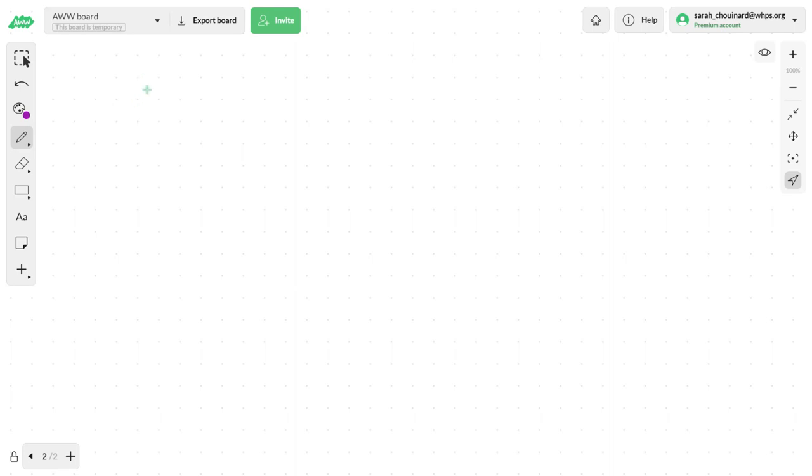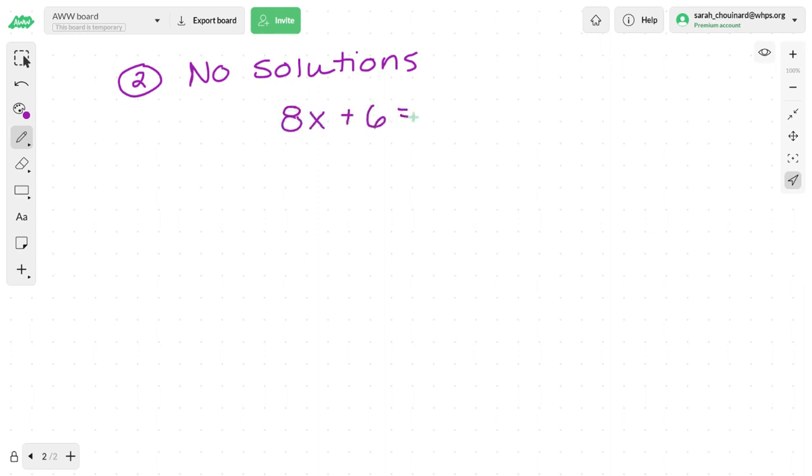One of the new options is that an equation can have no solutions. So an equation can have no answer at all. That would look something like this. Let's say I had 8x plus 6 equals 8x minus 12. This is going to have no solutions. So again, to solve, we have to get the variable to one side.